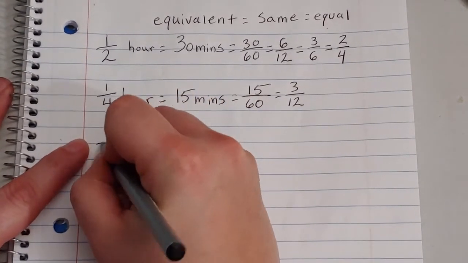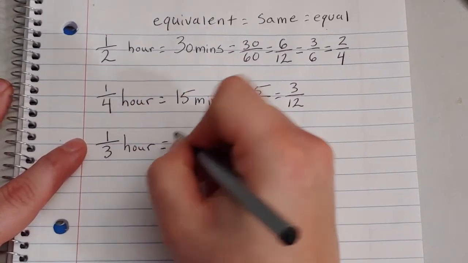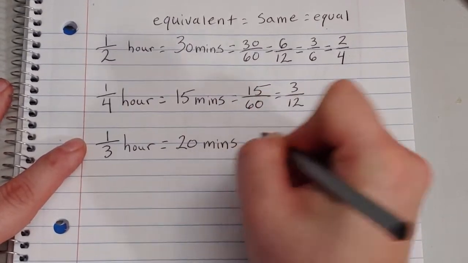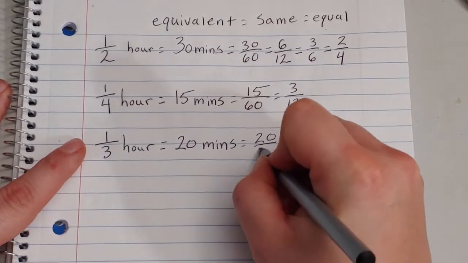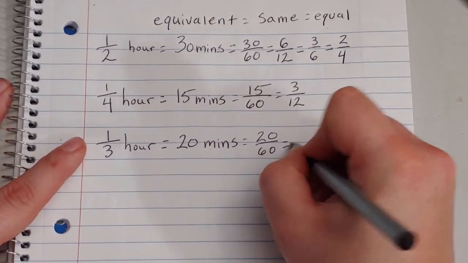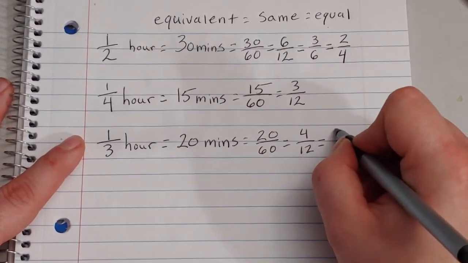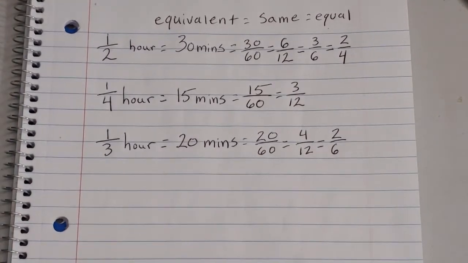All right, and then the other one we looked at was 1/3 of an hour. That is 20 minutes. So 20 60ths, same as 4 12ths and 2 6ths.